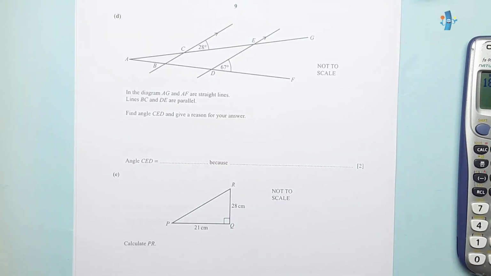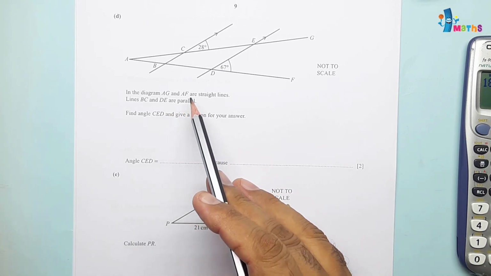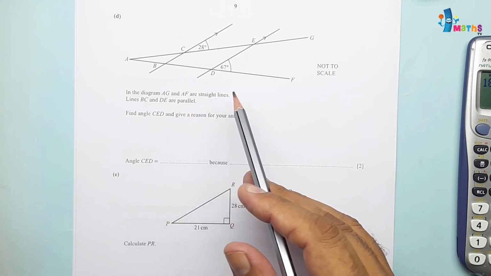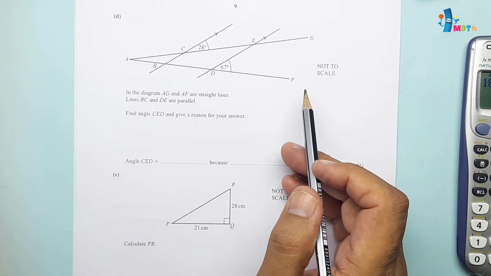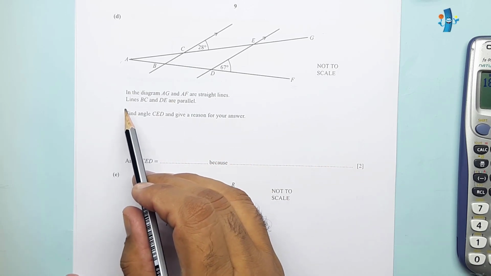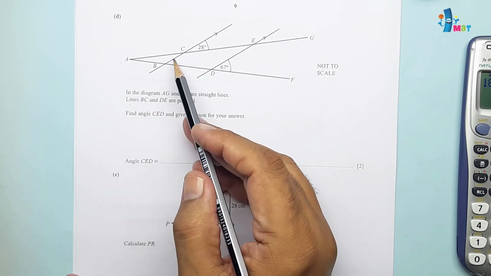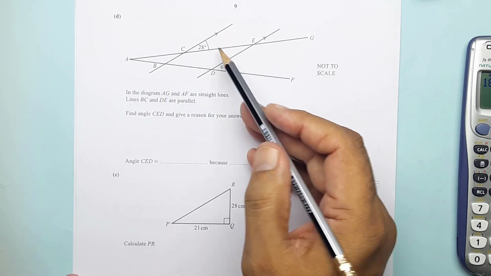So this is D part, which is also in the diagram. AG and AF are straight lines. Lines BC and DE are parallel. These two are parallel.